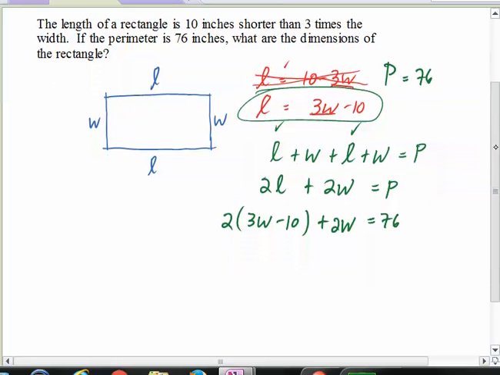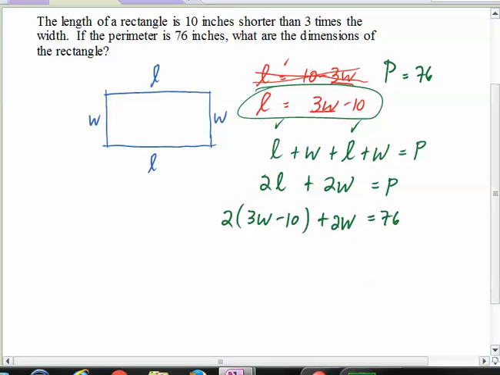So let's take a look at this. I started out with 3 different variables, L, W, and P. Now, you know from your Algebra 1 studies that if I have 3 different variables, I'm going to need 3 equations if I'm going to solve for 3 different variables. They're not requiring me to have 3 equations in this because they're giving me enough information to substitute. We're substituting the 76 for the P, so that takes care of a variable.